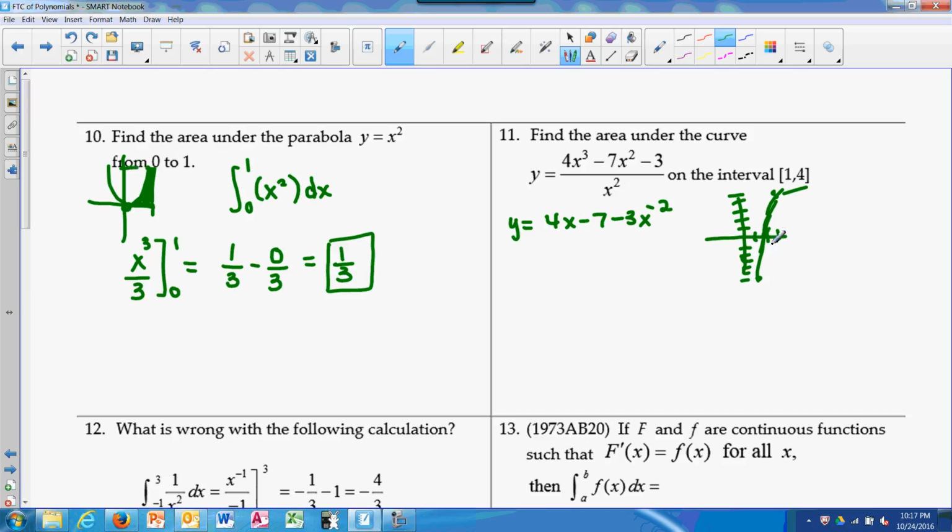Okay, so if we were looking for this area, the integral isn't going to give us a strict area as far as a geometric area. What this is going to give us is a displacement, a total change in area.